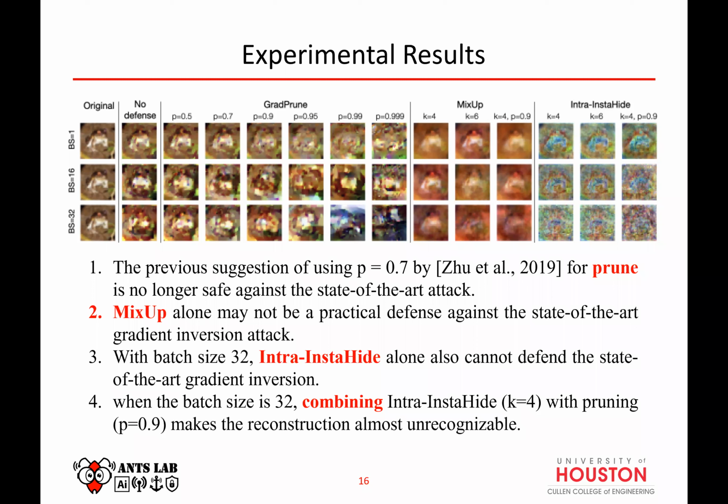That's the reason why people still prefer the gradient perturbation approach, like adding DP noise, because we can have some quantified, provable results about what kind of privacy can be guaranteed. I don't know why they want to do this. What's the final purpose for this? You only want to show that your reconstruction cannot be recognized by human eyes?